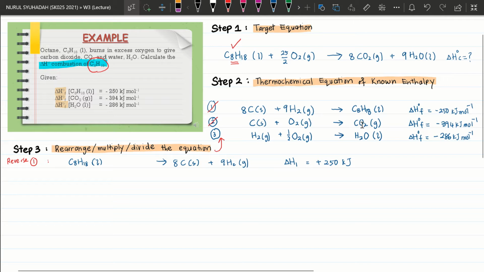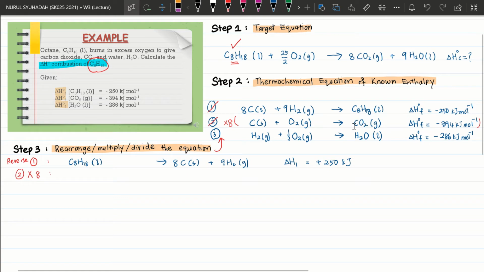So what you need to do for equation 2 is multiply everything by 8, meaning the whole thing over here, you will multiply by 8. Write down the complete equation.